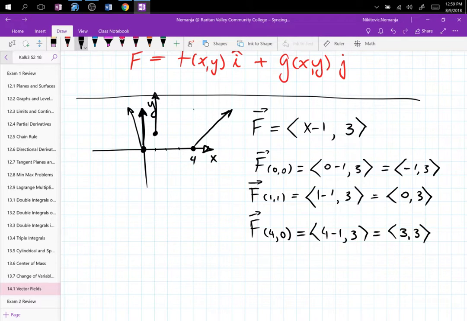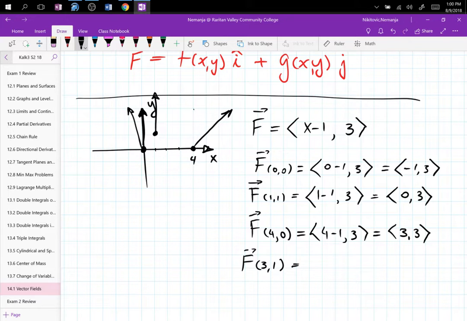Which vector you get depends on the vector field function and on the starting point. You can see this vector field somewhat fans out, right? It seems like it's going to fan out as you calculate more of these. Let's calculate (3, 1). See what happens at (3, 1), and then we're done with this.